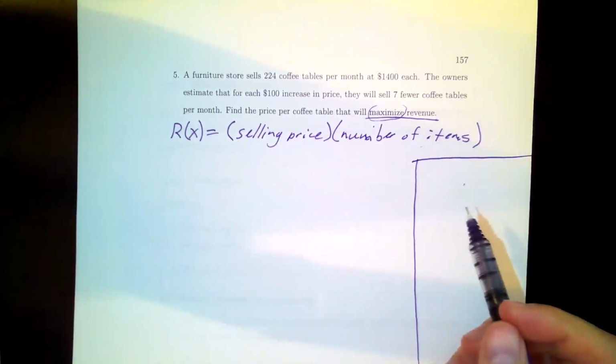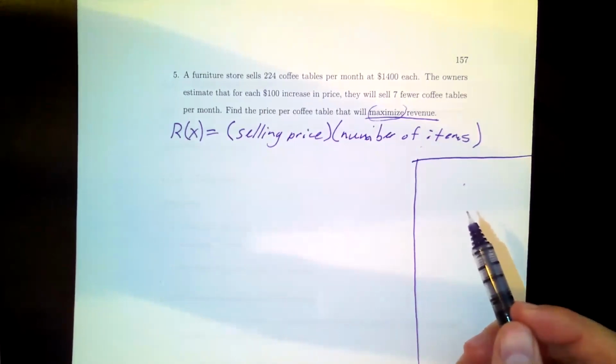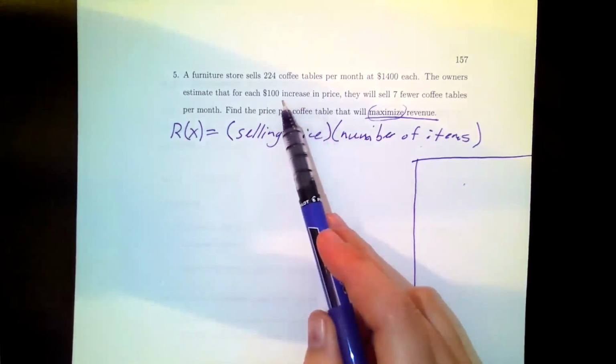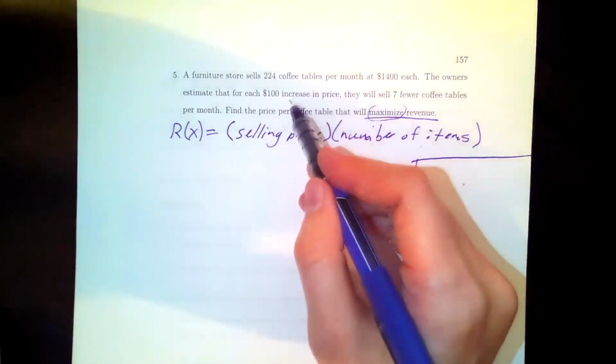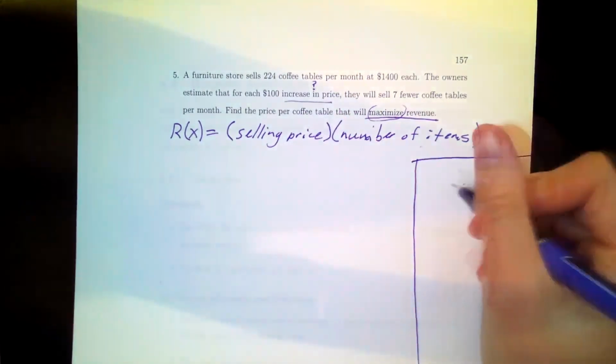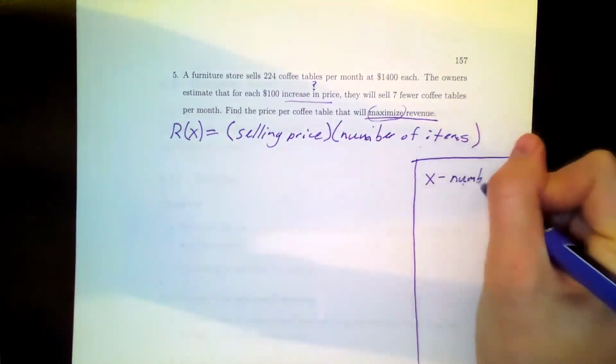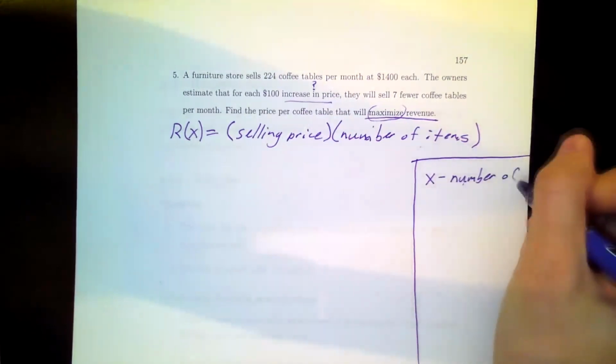The variable here is how many times they increase the price. We don't know what the price is going to be because we don't know how much they increase it. So let x represent the number of times they increase the price by $100.